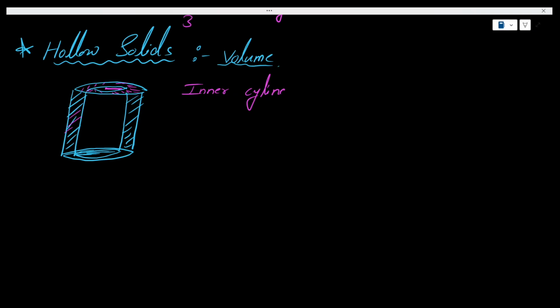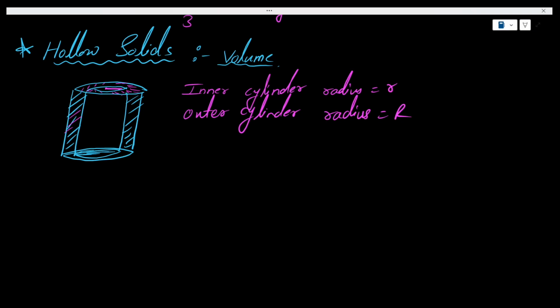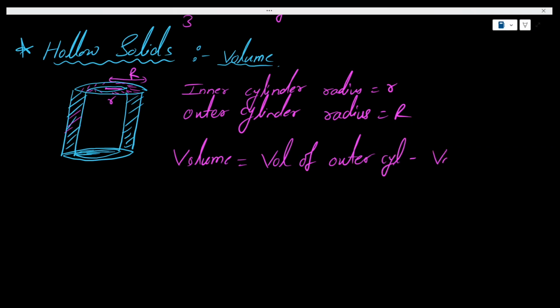So if I take the inner cylinder radius as small r and the outer cylinder radius as capital R, then to find out how much metal is used, you always take the volume of the outer cylinder minus the volume of the inner cylinder.